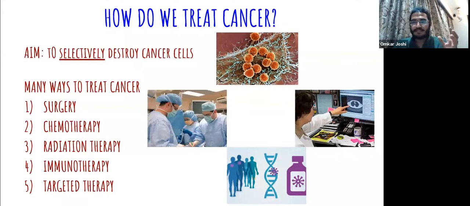The last thing is targeted therapy, which is very close to something called precision medicine, which means that a treatment modality is decided based on what cancer a patient has. So a biopsy is done, where you take a small portion of the cancer, you see its properties, and then you decide what modalities you want to apply to that particular patient.